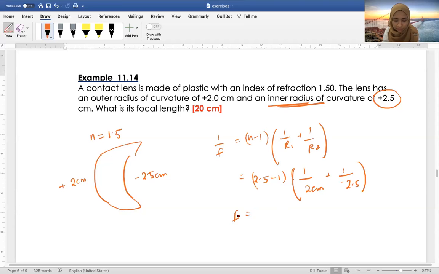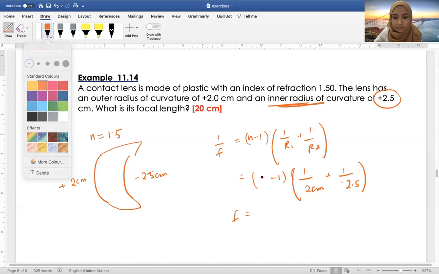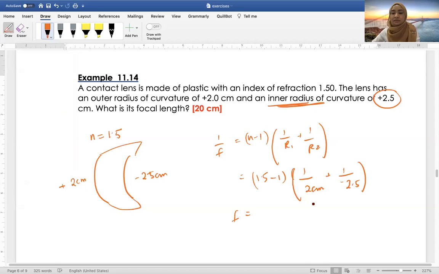Let me check if it's the right answer. 1 over 2 minus 1 over 2.5, times 0.5, 1 over that. Okay, I get 20 centimeters. Thank you.